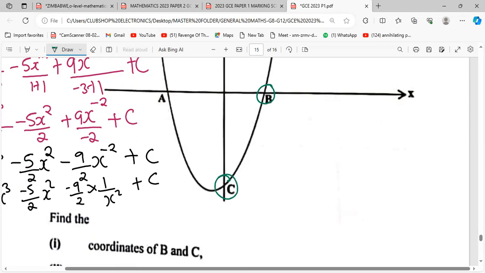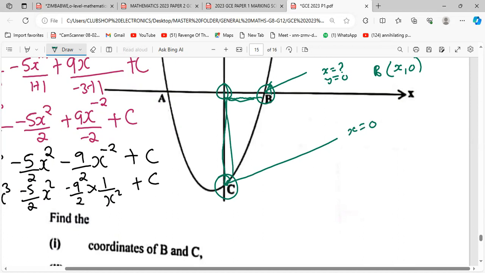You need to know that at B, since it is on the x-axis, the value of x is unknown, but y at this point is 0. The coordinates for B will be x, 0. At C, the value of x is 0, but y is unknown.